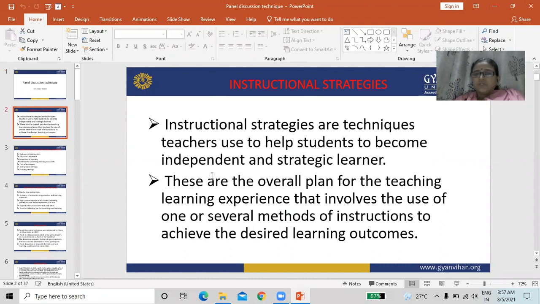First, we will discuss instructional strategies. Instructional strategies are techniques teachers use to help students become independent and strategic learners.